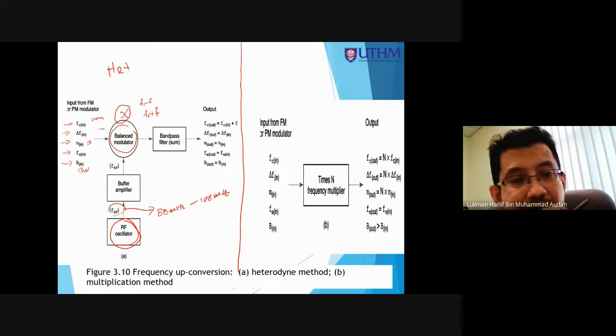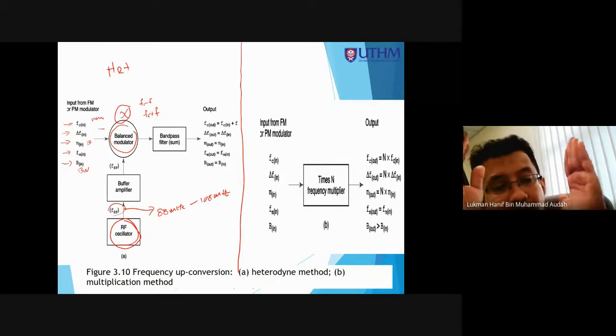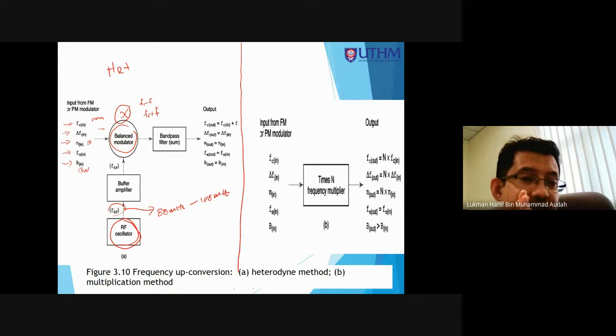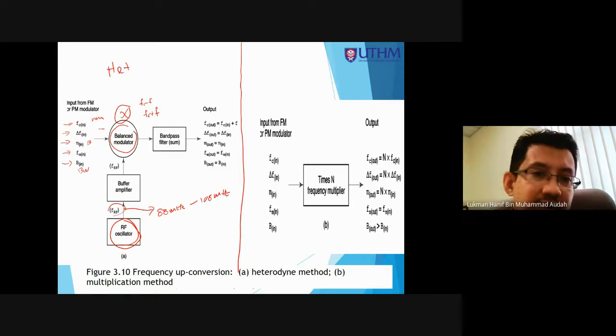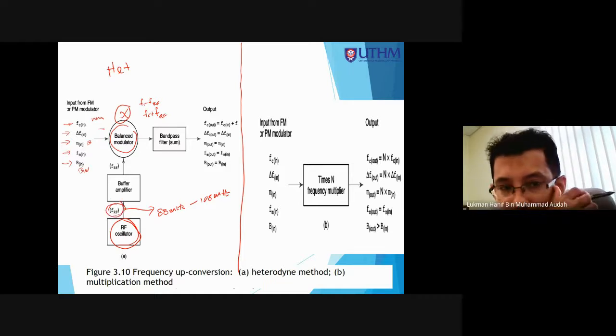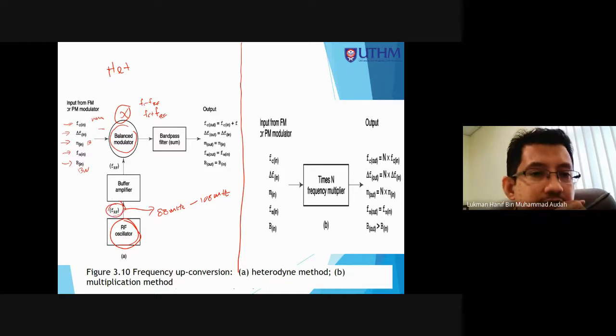Keluaran daripada balance modulator akan ada dua bahagian, upper and lower sidebands. Okay, FC minus F, FC plus F. Dalam kes ini FC minus FRF, FC plus FRF. Ini FRF dari mana? Dari sini. Okay. So keluaran daripada sini ada dua bahagian.